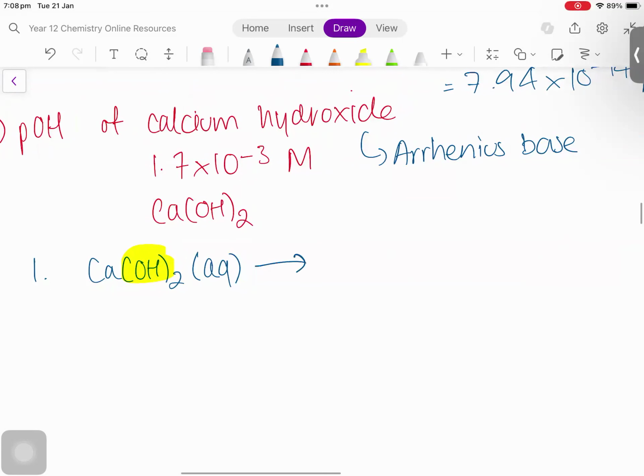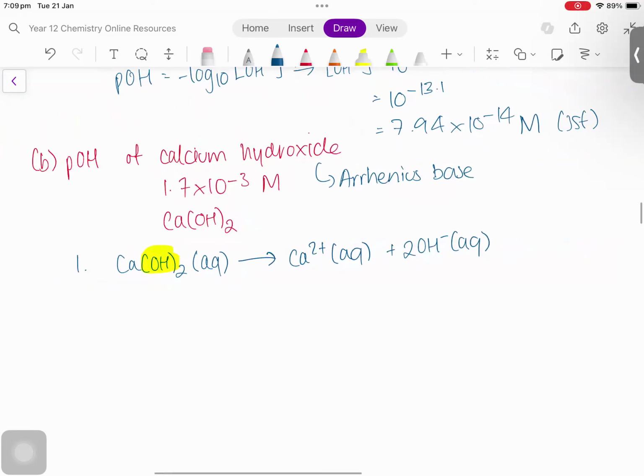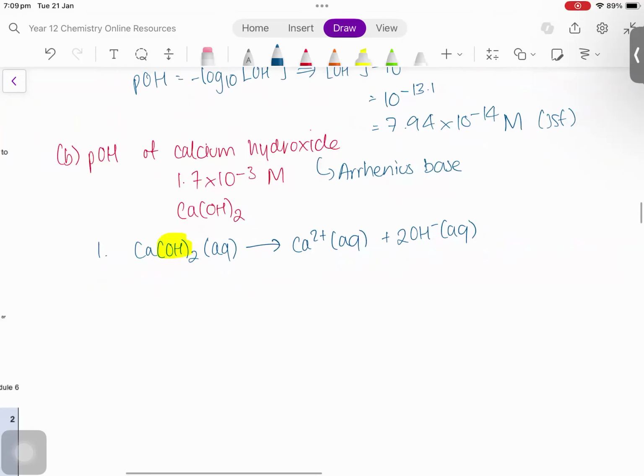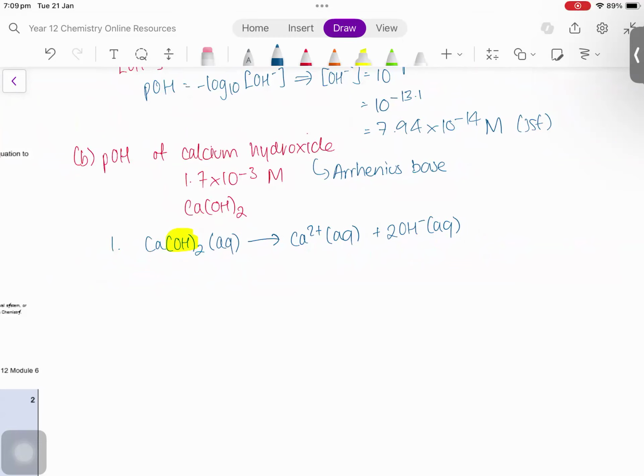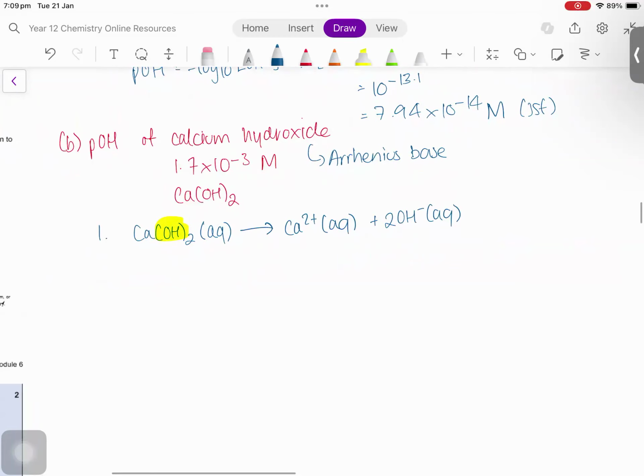So it's just going to break up into its original ions, calcium 2 plus, and then OH minus, 2 of it. So because this is an Arrhenius base, not a Bronsted-Lowry base, I don't need to do a plus H2O. It already has an OH in its formula that it can just give away. It doesn't need to take it from water. So that's that.